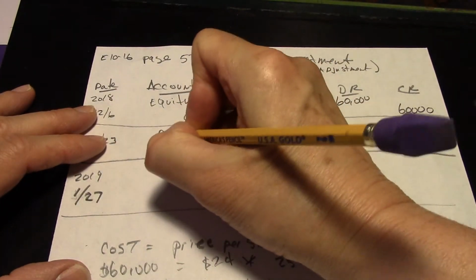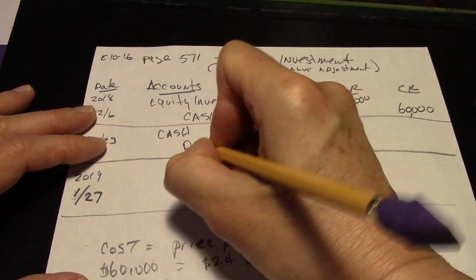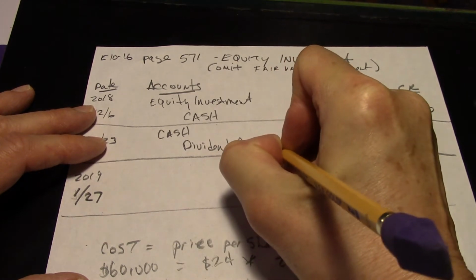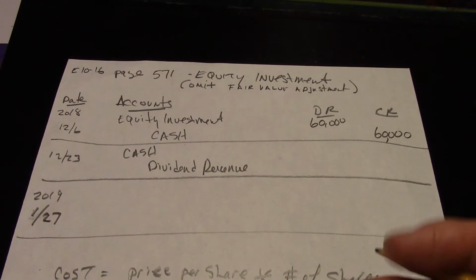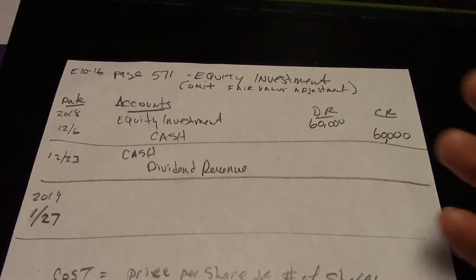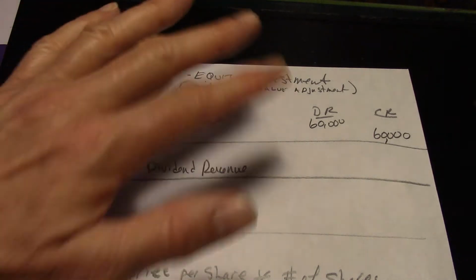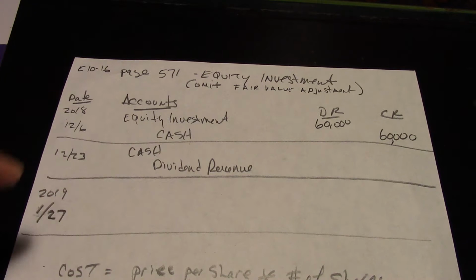We're going to get cash, and of course we have some revenue, right? Dividend revenue, because it came in. Don't just write dividends, because dividends are what we would pay out, right? Because we're a company too, so we might pay out dividends, as we'll learn in a future chapter. So we get cash in and we get dividend revenue.